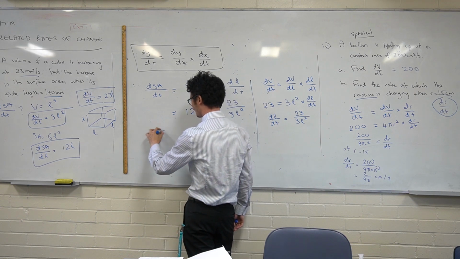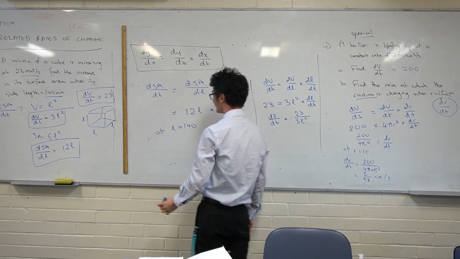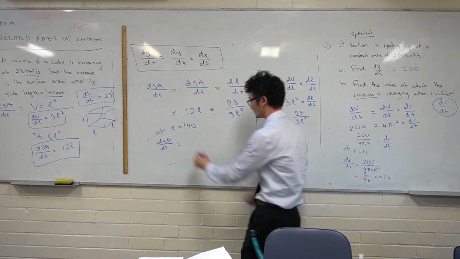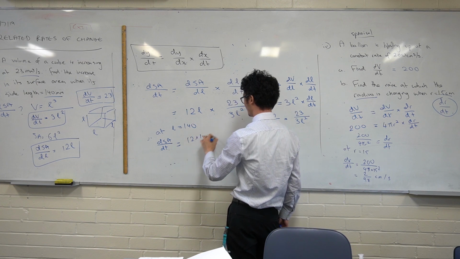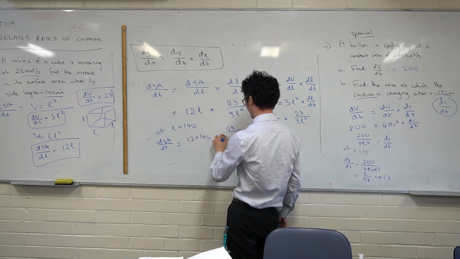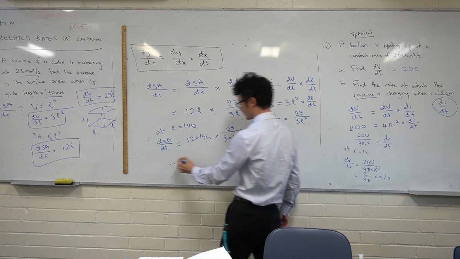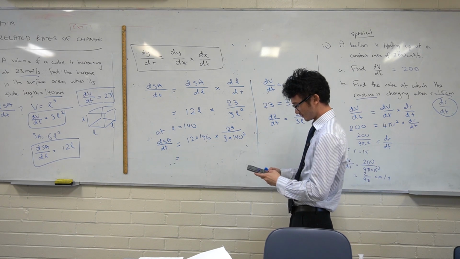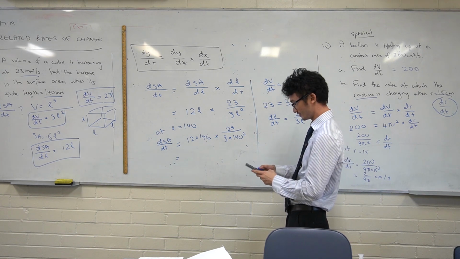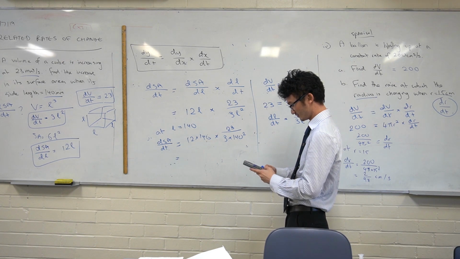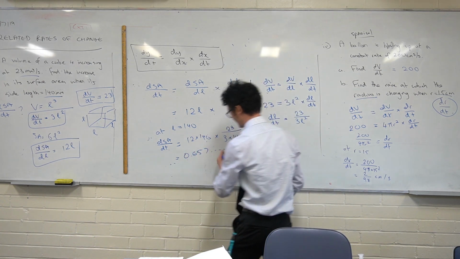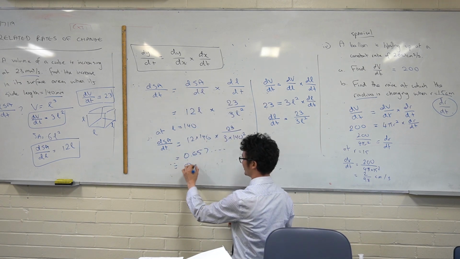So I can say at L equals 140, then dSA/dt is going to be equal to 12 times 140 multiplied by 23 over 3 times 140 squared, just substituting all that in. And when you put that in, you might get a pretty small value. Yeah, we get 0.657. Let's just round that off to 2 decimal places, 0.66.